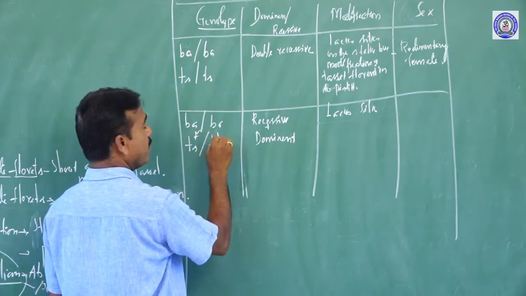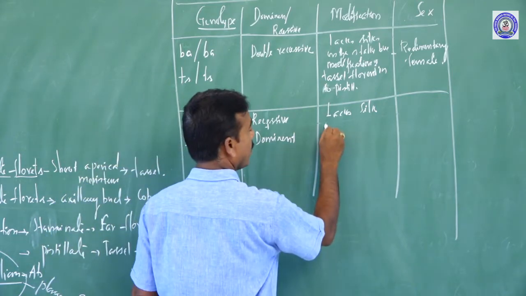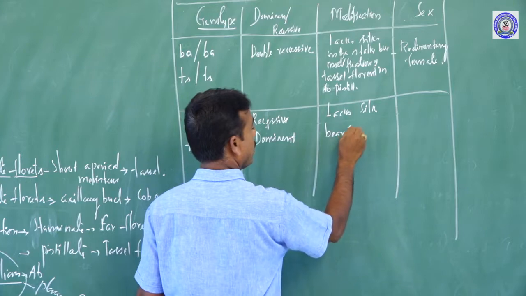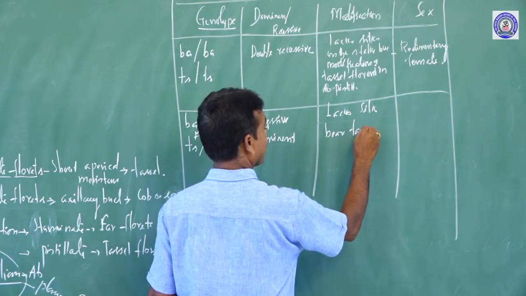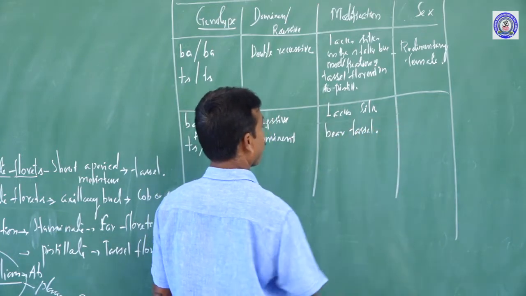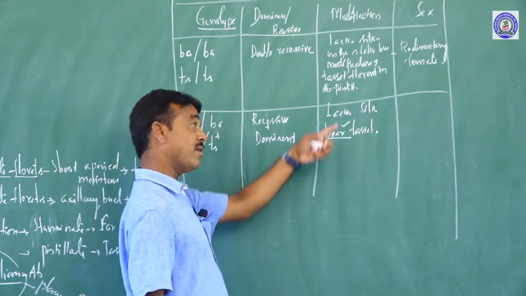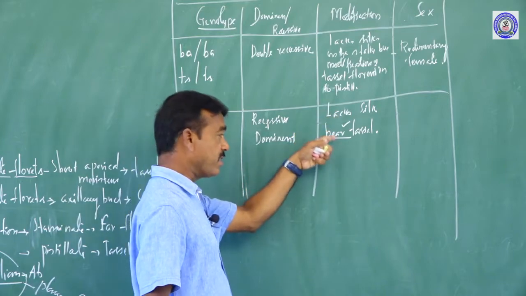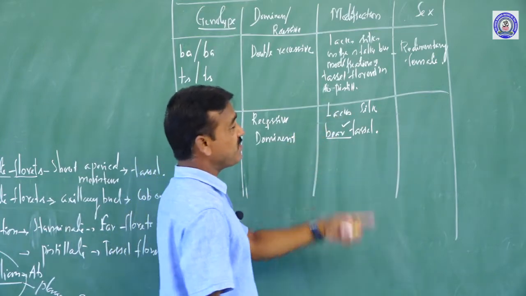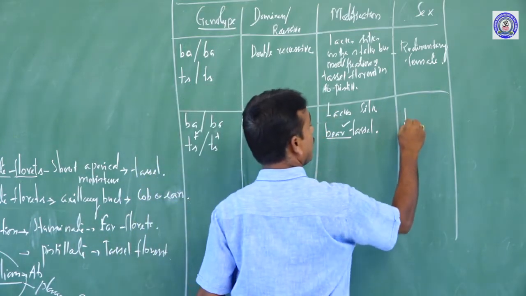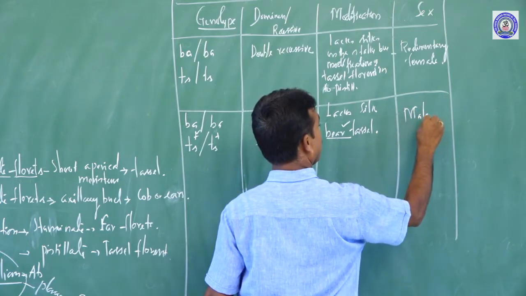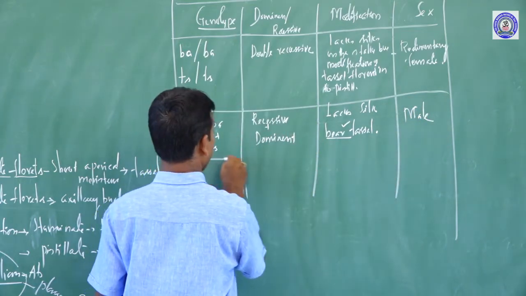Here ts is dominant, so it can be a bare tassel, which means there is a lack of female sex and presence of male sex. So what type of sex is produced? A male plant is produced. This is the second one.